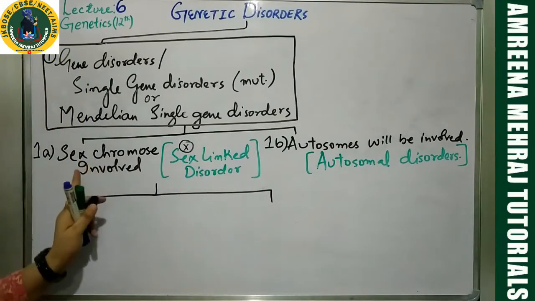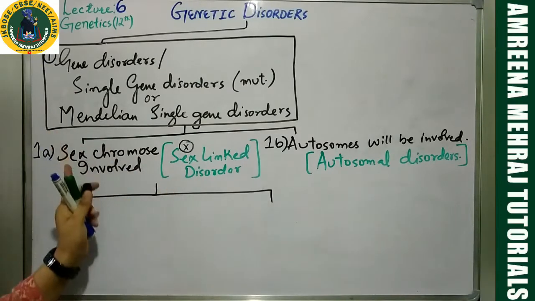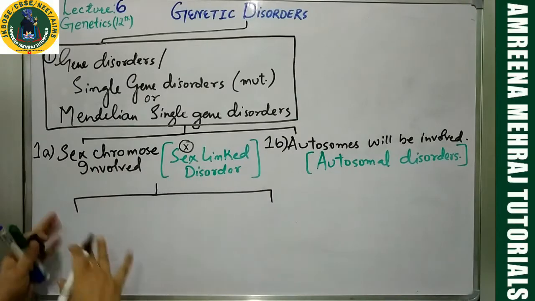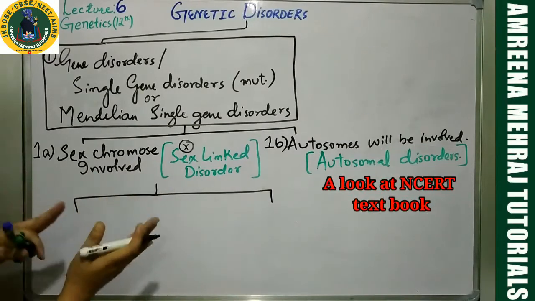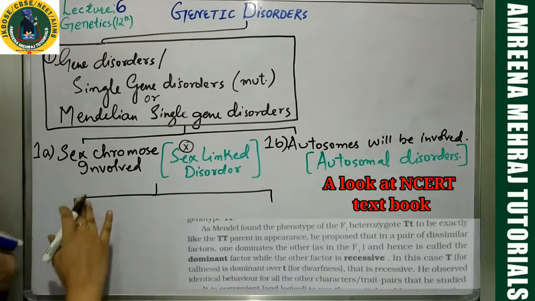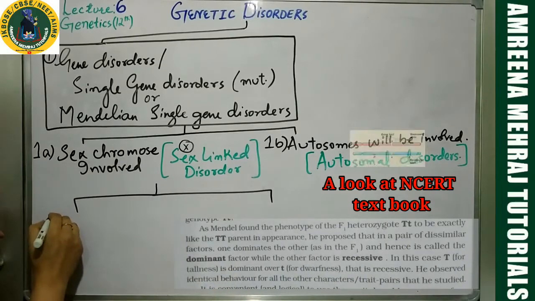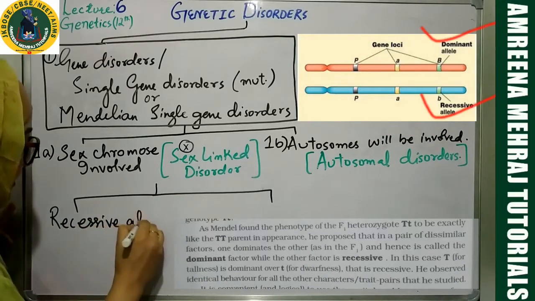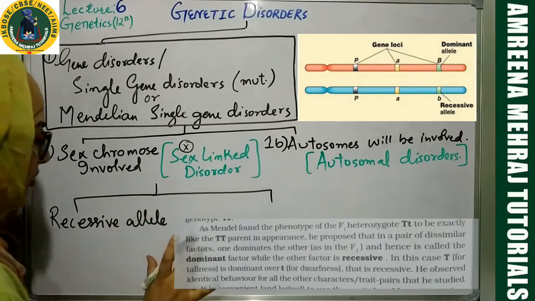If a sex chromosome is involved, the mutation is in the X chromosome. Again, you have 2 types: either the recessive allele is involved, or the dominant allele is involved. You can say gene for that matter, no problem.